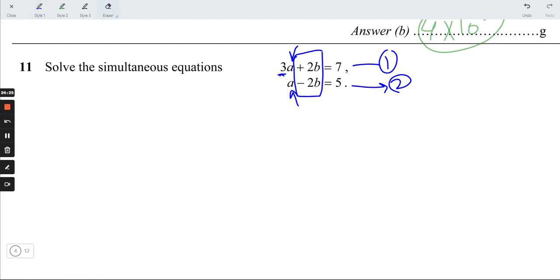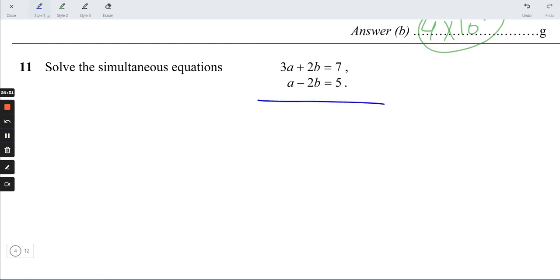So in this case you can add directly. Why add them directly? Because 2b plus minus 2b will cancel each other. It means 0. Left over is 3a plus a, which is 4a, equal to 7 plus 5, which is 12. Dividing both sides by 4, a is equal to 3.